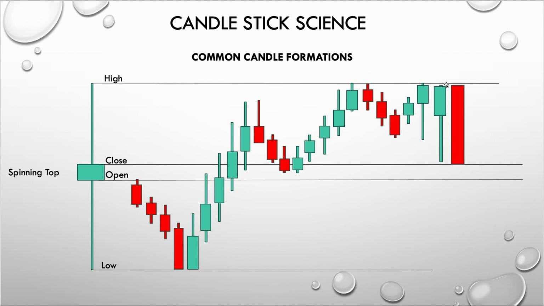Then the buyers step in again, and then the sellers push the buyers down and close at that close right there, leaving a wick on top. So this wick here on top shows the selling pressure that came in before the market closed, which is this large candle here and these candles here, overcoming the bullish momentum that was pushing to the upside.